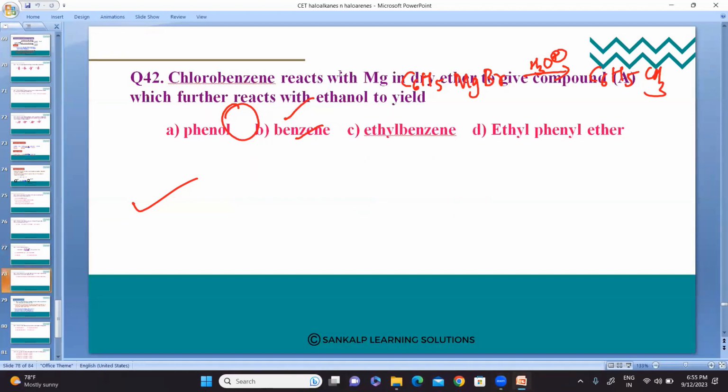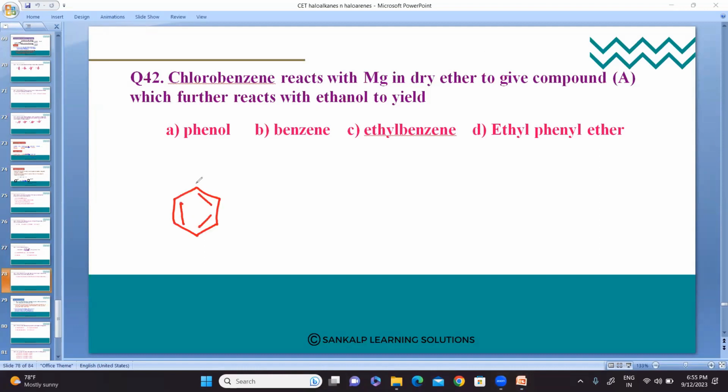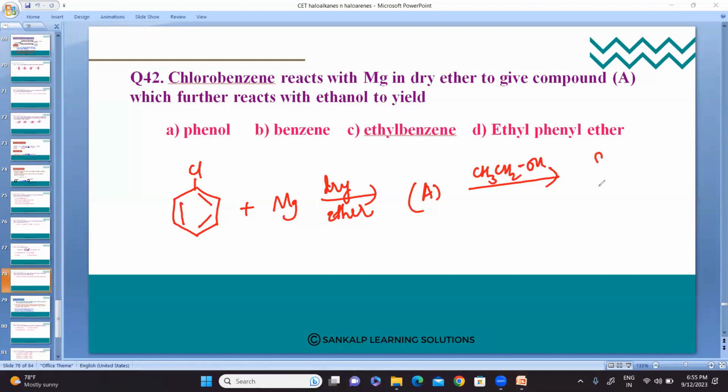Next, chlorobenzene. I'll write the structure of chlorobenzene. When chlorobenzene reacts with Mg in the presence of dry ether, it gives you a compound A. Further it reacts with ethanol to yield what? So first we'll write this reaction.